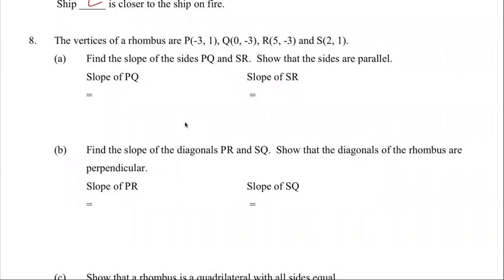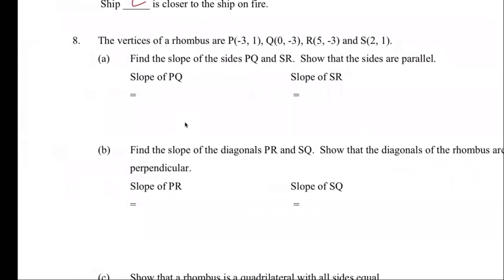So a rhombus is basically just a quadrilateral. What's a quadrilateral? It's a 4-sided shape, so it's like this. A rhombus looks like this, where these two sides are parallel, and these two sides are parallel, right? If only these two sides and these two sides are parallel, then it's just a quadrilateral.